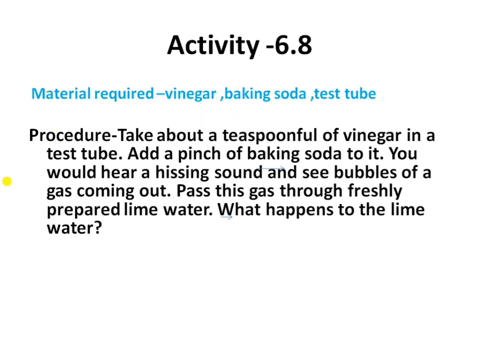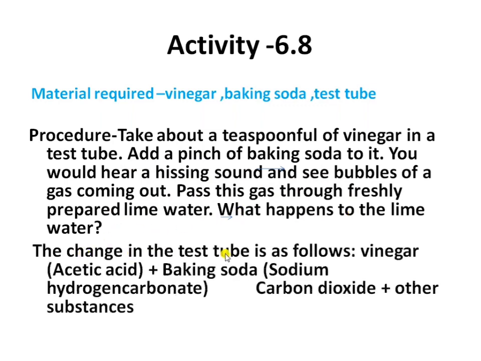Then add a pinch of baking soda to it. You will hear a hissing sound and see bubbles of a gas coming out. Then pass this gas through freshly prepared lime water. What will happen to the lime water?